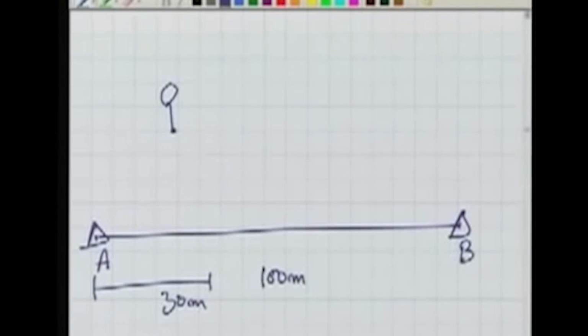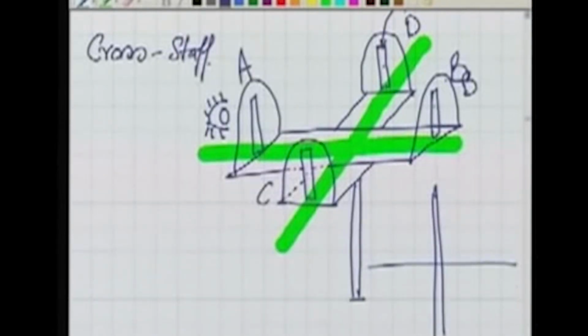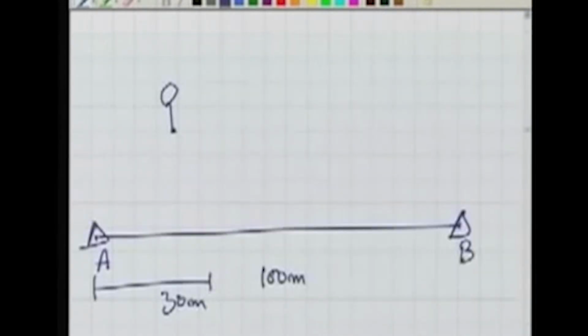Now think of the cross staff. It's an instrument through which we can see along 2 lines which are at 90-degree angles. In order to do this, we will walk along this line using the cross staff. I am showing the cross staff as a very small instrument here with respect to this line.